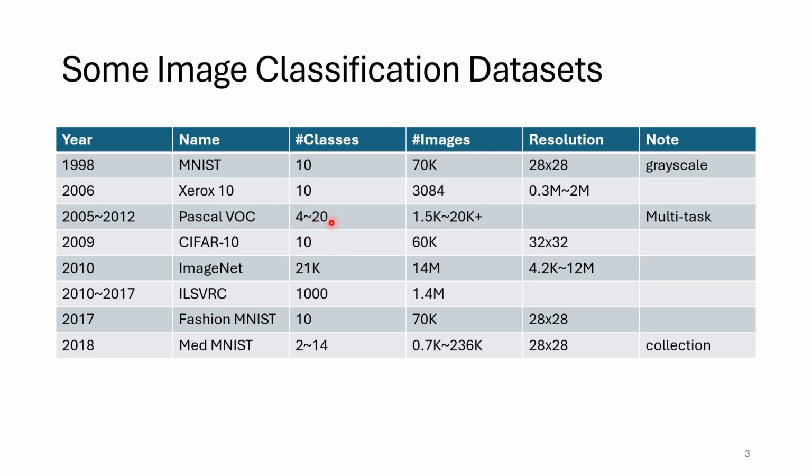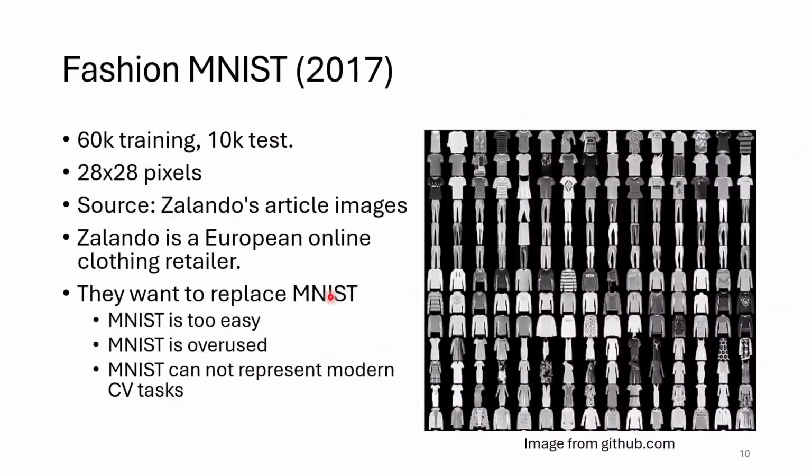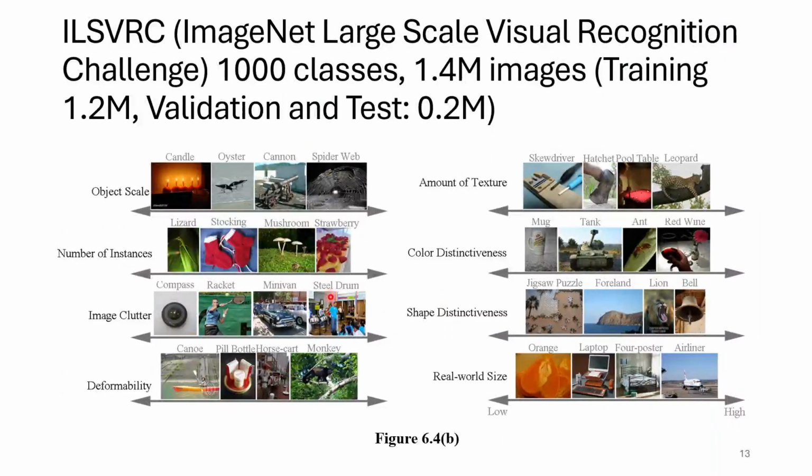If they suddenly increased it 1,000 times, it would be too difficult for everybody. So they only increased to 1K classes. And there are 1.4 million images, including 1.2 million training images, and 0.1 million each for the validation and test sets.